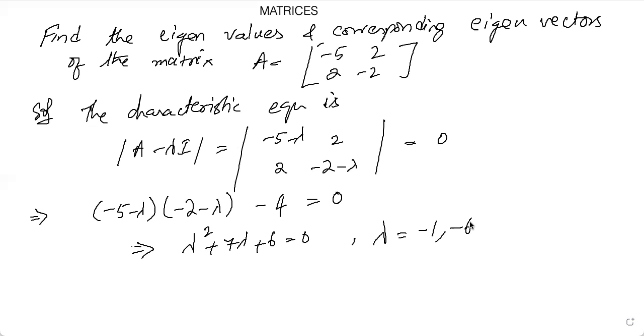Okay, that is the characteristic vector corresponding to lambda, which is minus 1.